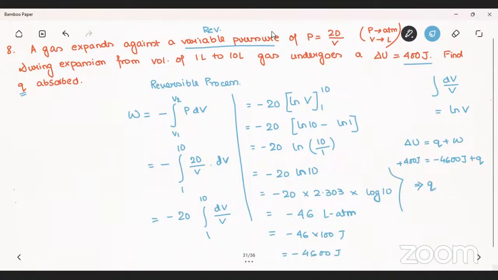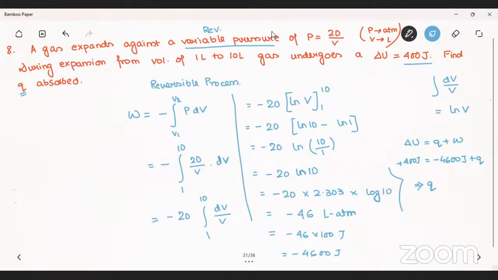Okay. No, ma'am. Can you tell me, why did you multiply it with 2.303? Yeah, you can do this calculation at home. I am just trying to make you understand. Is the process clear? Calculations you can do at home. Ma'am, I'm not talking about the calculation.